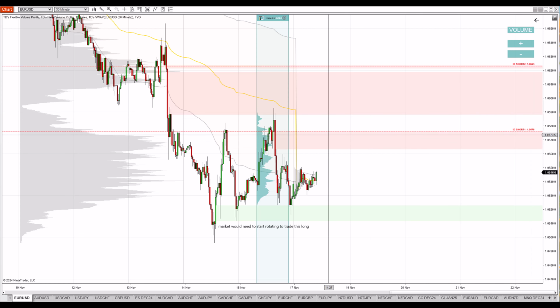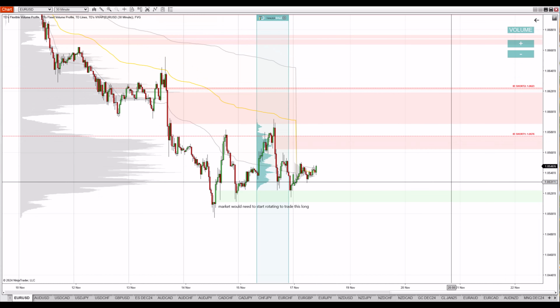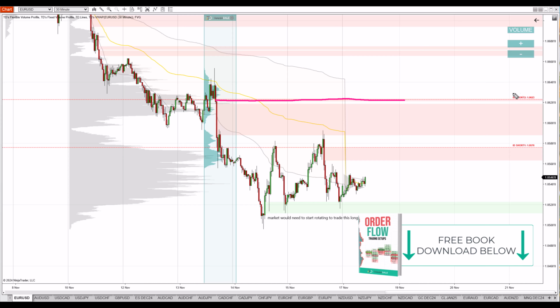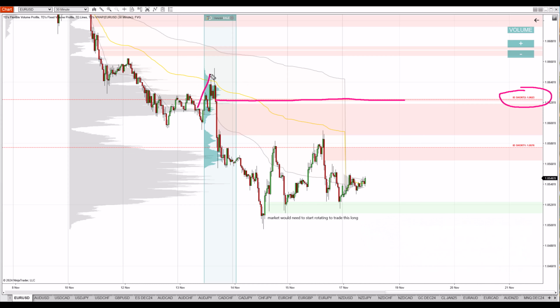Now, apart from this short, I also have another one, and that one is in here. It is at 1.0623, and it is based on a very similar scenario. There was a sharp rejection of higher prices, and within that rejection we have this heavy volume zone.